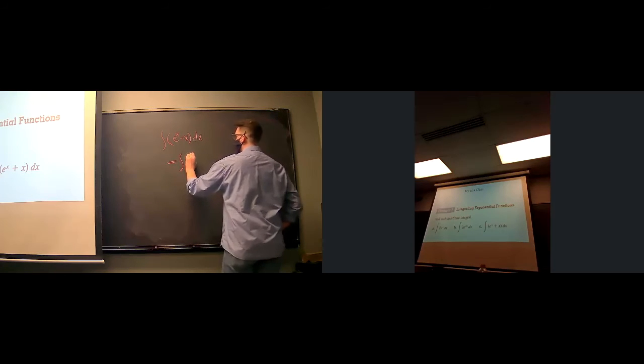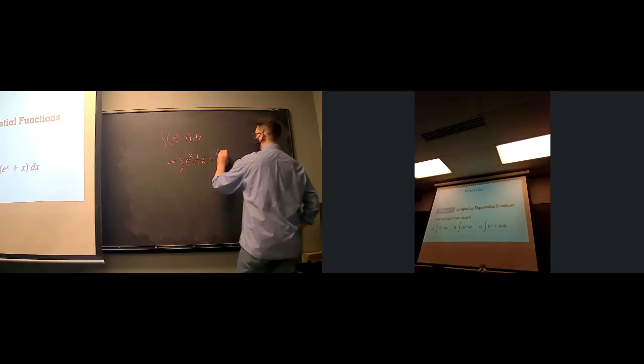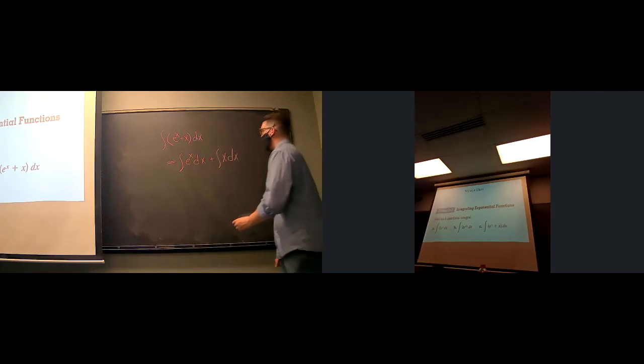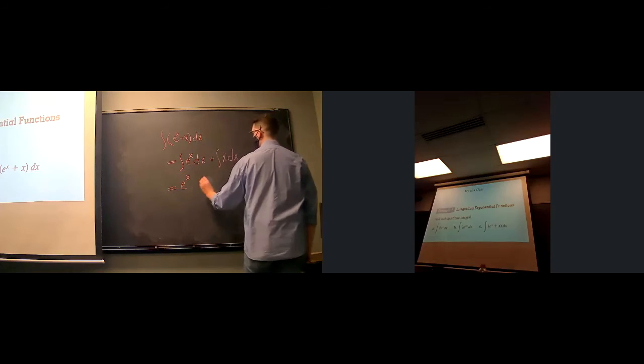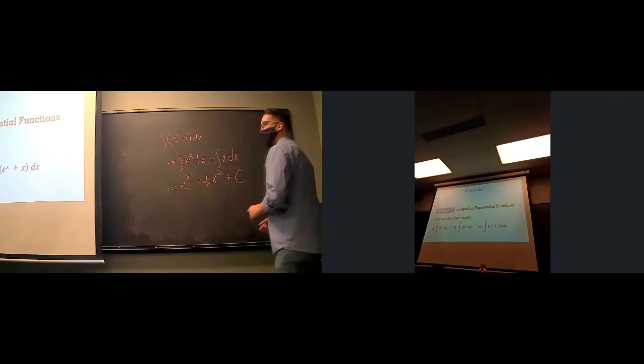Write this up as the integral e to the x dx plus the integral x dx. This is going to evaluate out to be e to the x. This is going to evaluate out to be 1/2 x squared. All of that plus some constant.